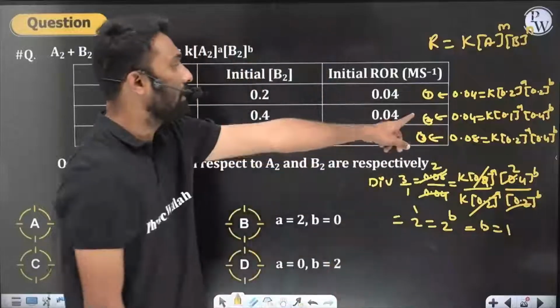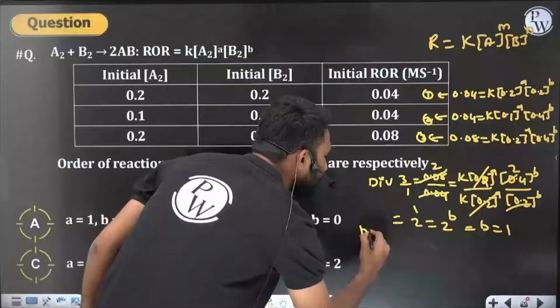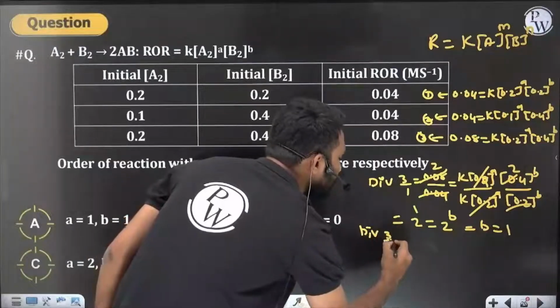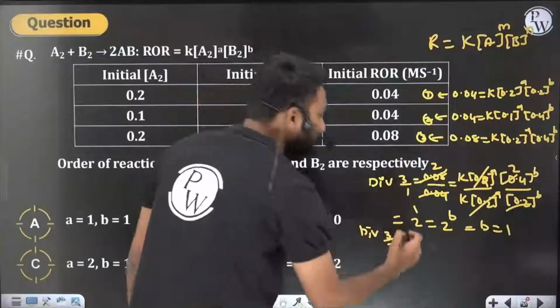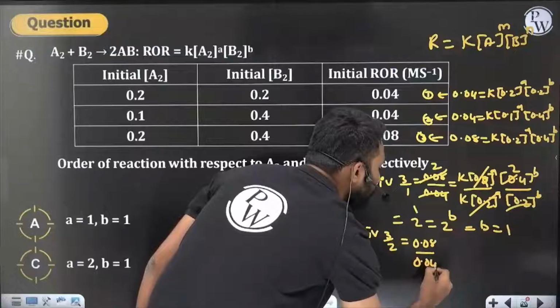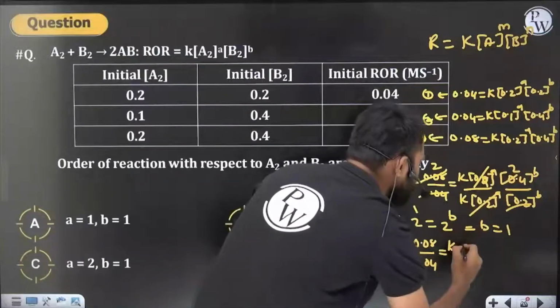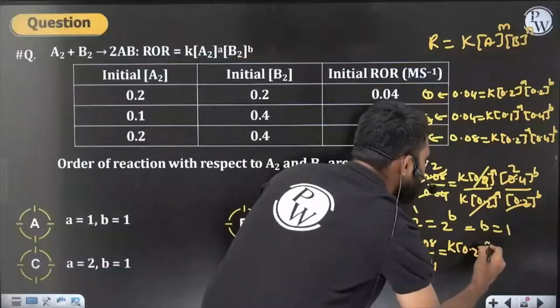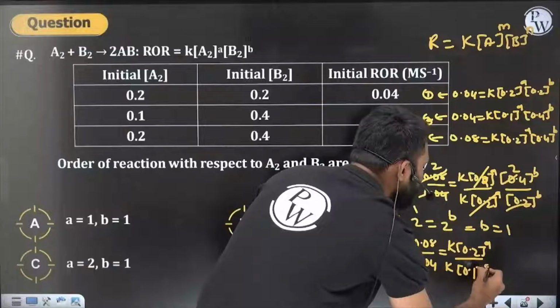Now for A also we can do the same. Now here we have to divide 3 by 2. If you do 3 by 2, how much will it become? 0.08 by 0.04 is equal to, now k times 0.2 raised to the power a by k times 0.1 raised to the power a.